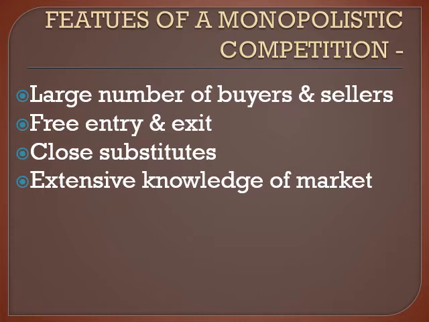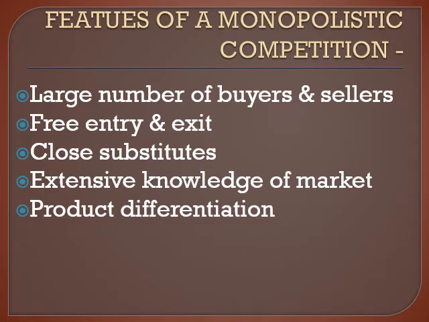Next is product differentiation. The goods produced by firms which operate in a monopolistically competitive market are subject to product differentiation in terms of differences in packaging. So product differentiation means their packaging is going to be different for all the products. Then brand names can be different.